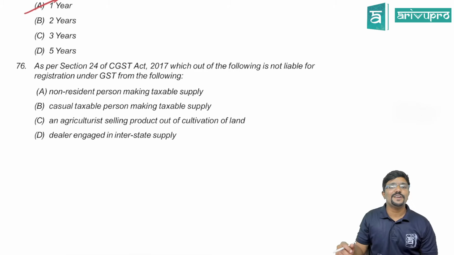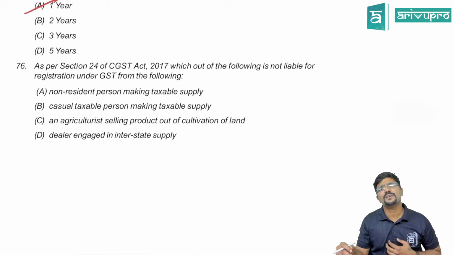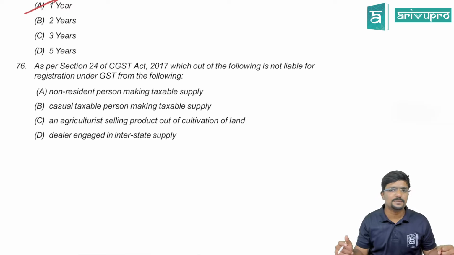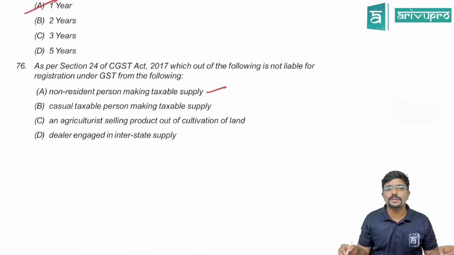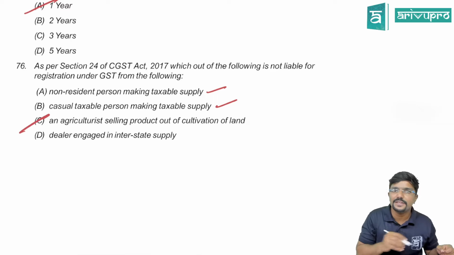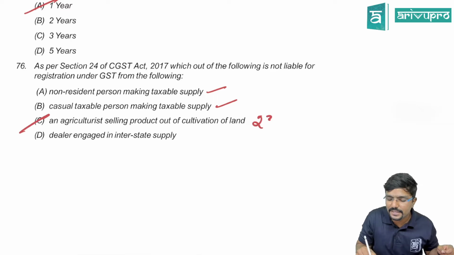As per section 24 of CGST Act, how many questions on 24? Which of the following is not liable for registration under GST? Means which of the following persons is not covered under mandatory registration? They are asking. Non-resident person making taxable supply, they are covered actually. Then casual taxable person, they are also covered. An agriculturist selling product out of cultivation of land, actually they have been given exemption under section 23.